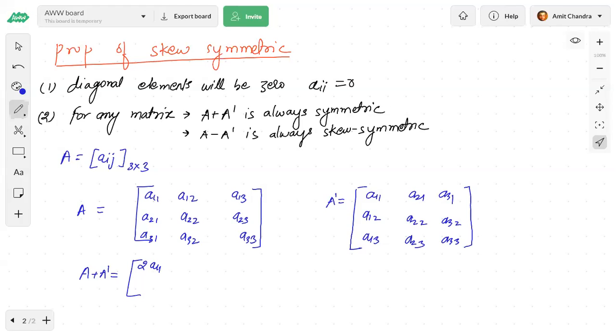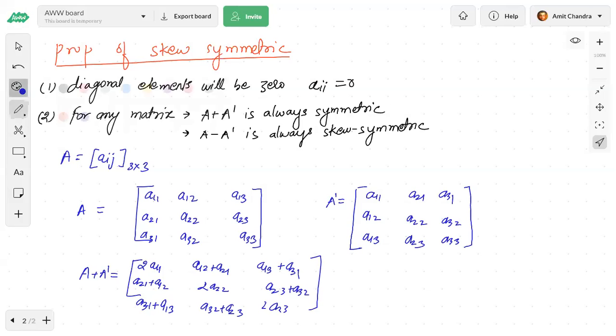A12 will be added with A21, so A12 plus A21. This is A13 plus A31. Okay. Next element here will be A21 plus A12. Here will be twice of A22. Here will be A23 plus A32. Here it will be A31 plus A13, A32 plus A23, and here it will be twice of A33, right?